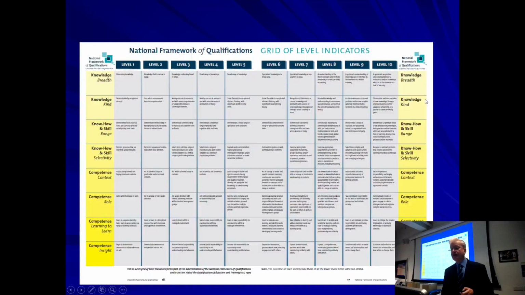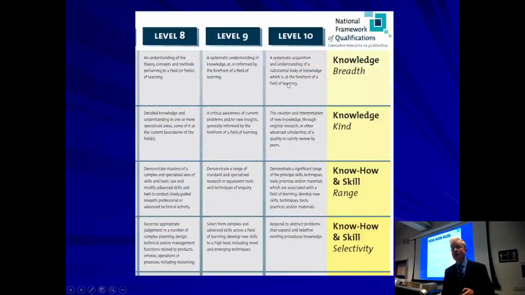I know it's too small, you can't read it on the screen. But as you can see, there's 8 of these subsections. Now, if I just zoom in on the ones that interest us in levels 8, 9, and 10, you can see here they have 4 in terms of knowledge.